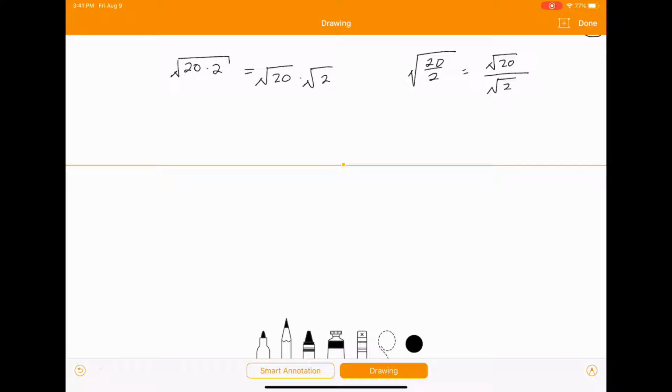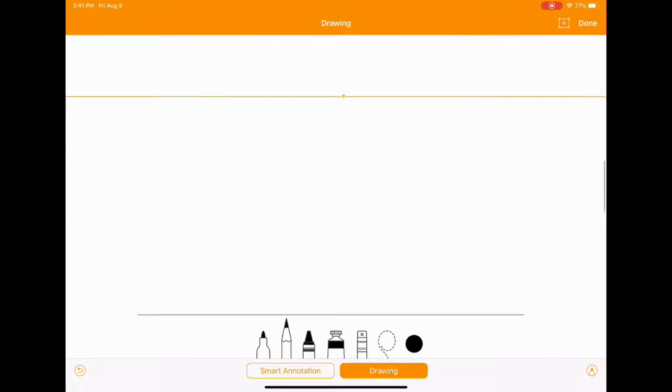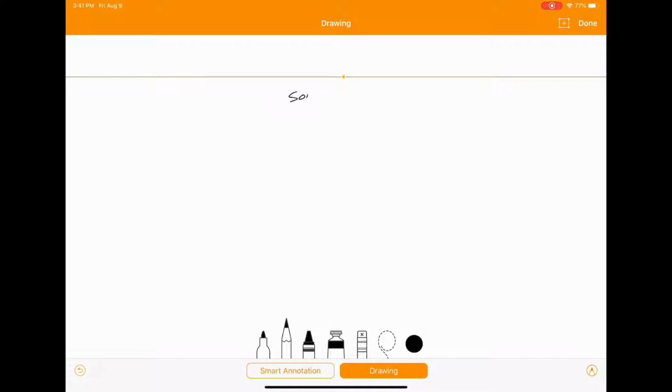Now, the last thing that you'll have to deal with as far as square roots go is solving equations that contain square roots. So the square root is the opposite of something being raised to the power of 2 or something being squared.